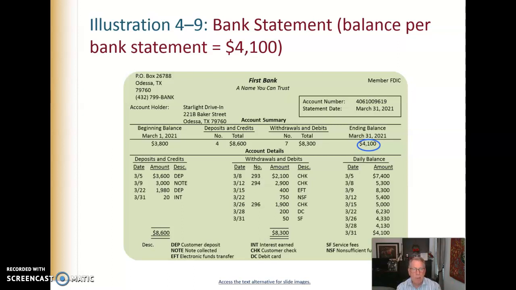DC stands for debit card, and sometimes we give a debit card to our people for them to use for business purposes. But there's also bank service fees. And occasionally we have a customer who bounces a check, as we call it. That's called not sufficient funds, NSF. So you can see that there.